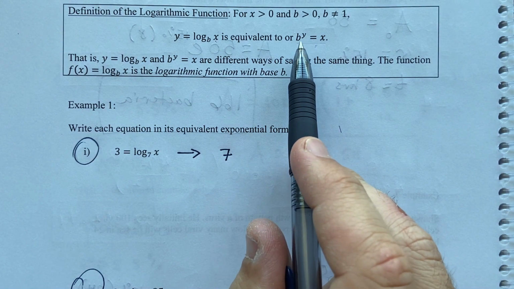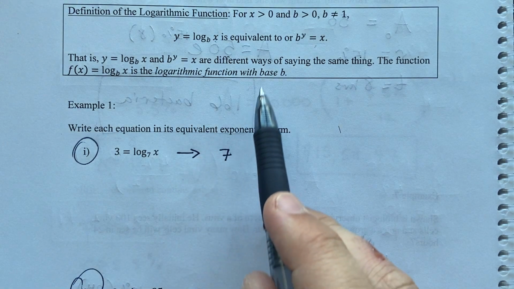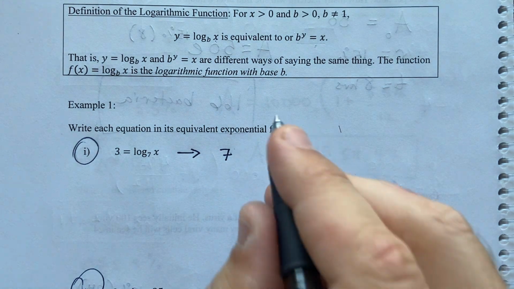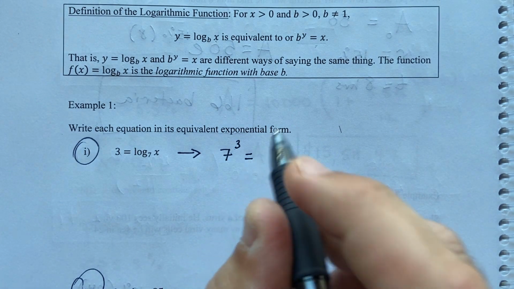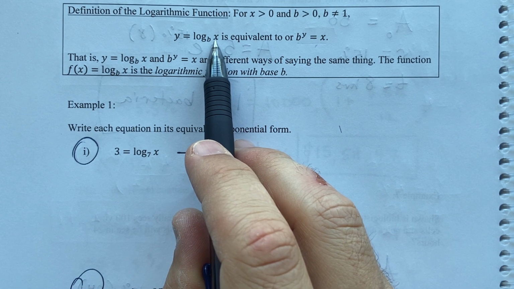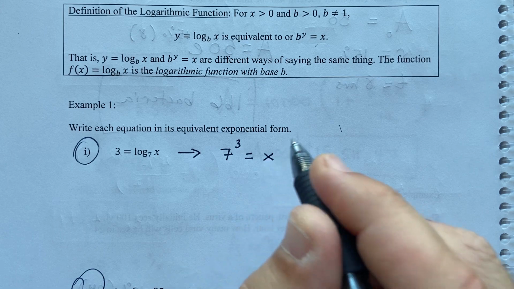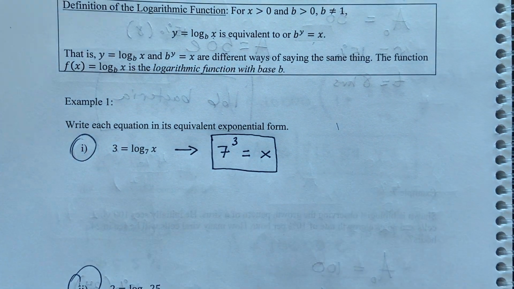And then whatever it was equal to, which is 3 here, that becomes the power on the 7. So I'll have 3 as the power, and this will now be equal to, so if I was taking the logarithm of x, this is now equal to x. That would be it. That's the exponential form.